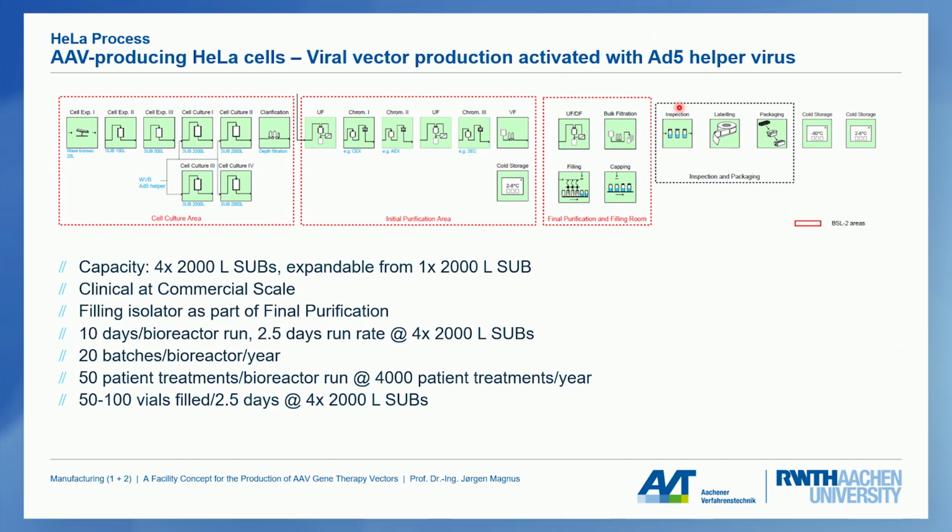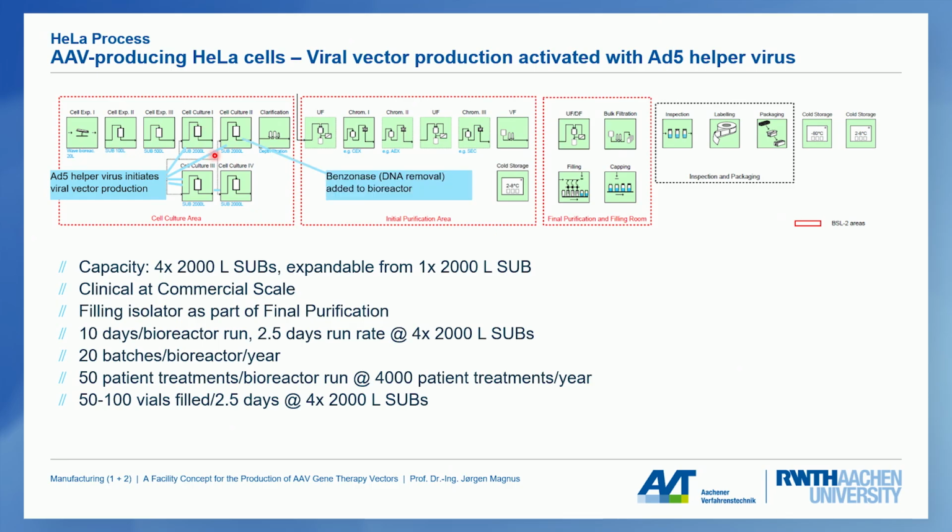Looking at this equipment that has been planned in, we have the cell culture area with the biowave and the smaller bioreactors, the larger bioreactors that you see here, the 2,000 liter bioreactors, the depth filtration step. If we're running a HeLa production cell line, we also need to add the adenovirus, which we will do to the main culture here.